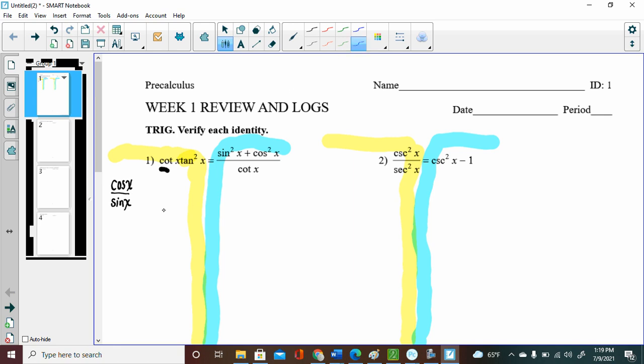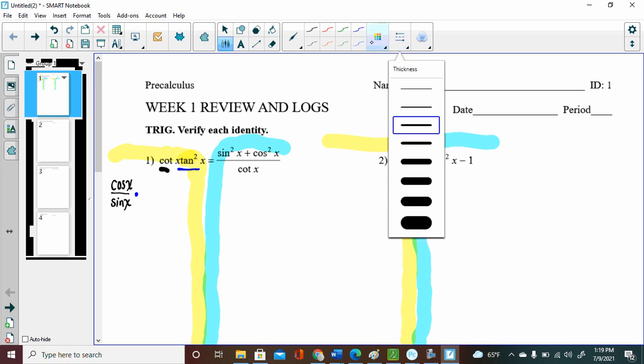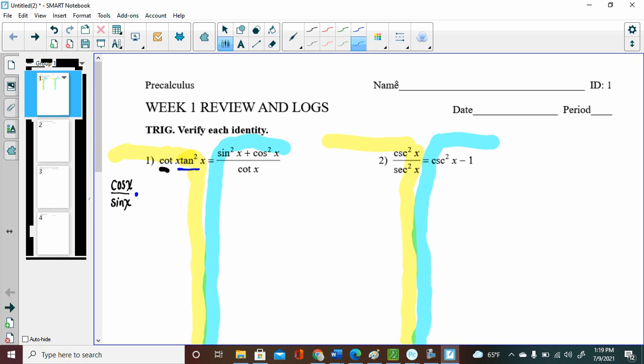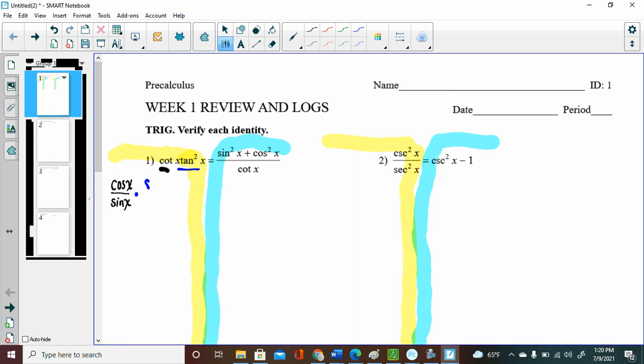I also know that the tangent squared of x, let's put that in blue, simplifies to sine x over cosine x, or in this case sine squared x over cosine squared x.